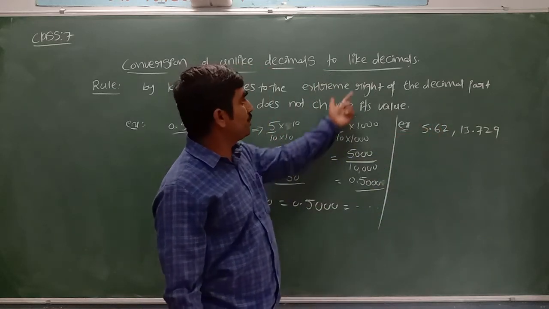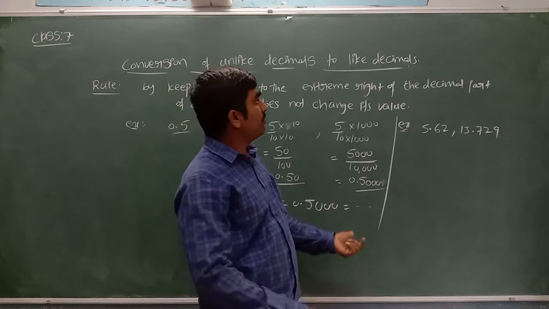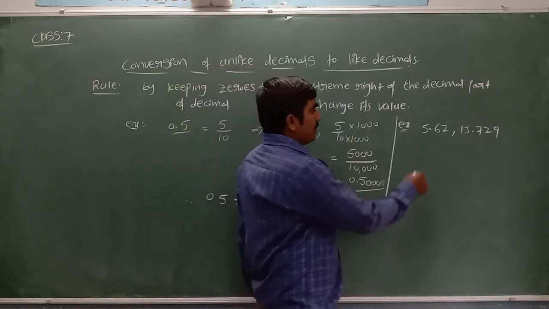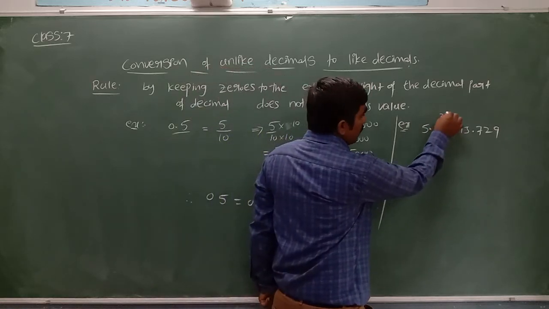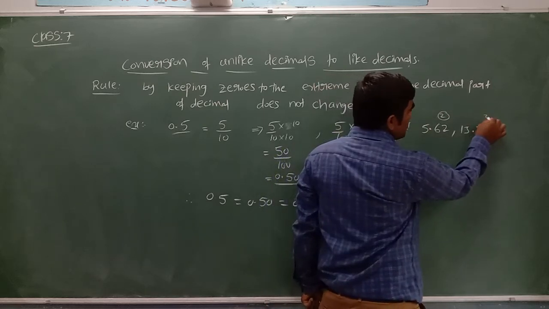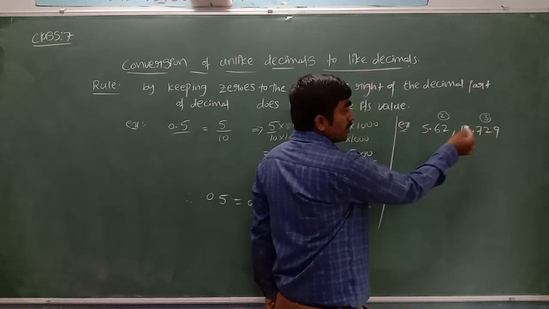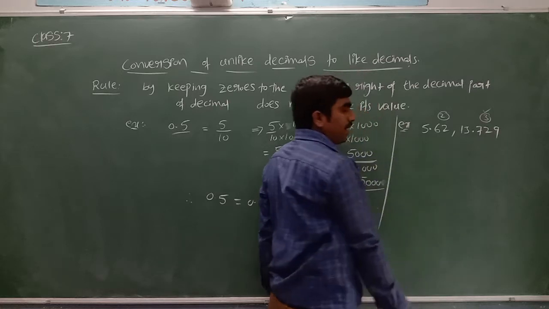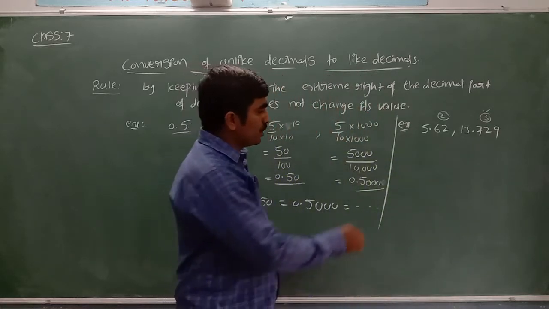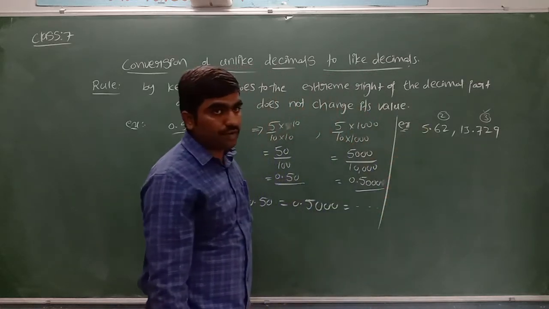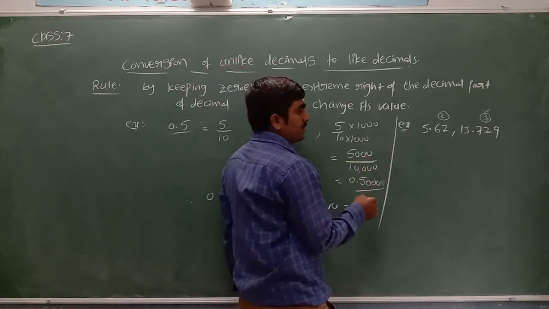We have to express them as like decimals. The maximum is three decimal places, so now try to make every decimal have three decimal places.